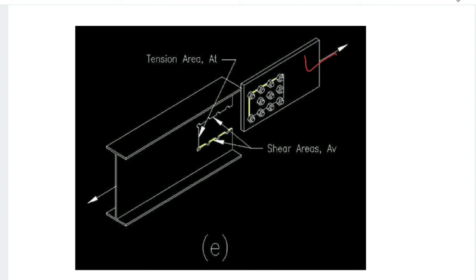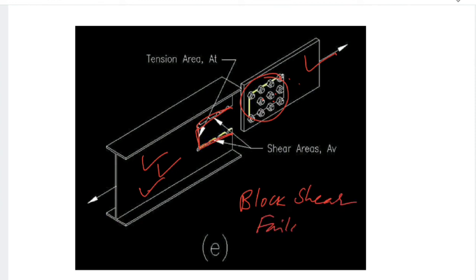Here this member as well as the I section is connected using bolts, and some portion of the I section remains on the plate member because of the block shear failure.